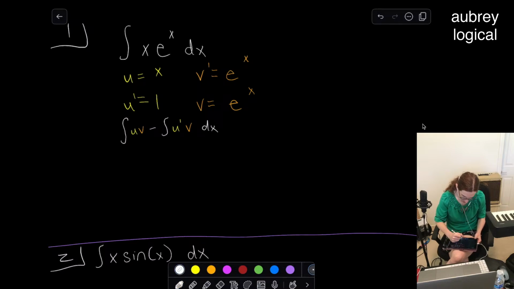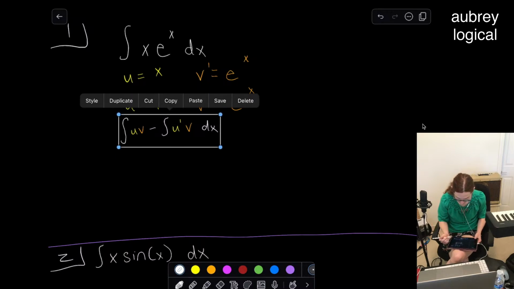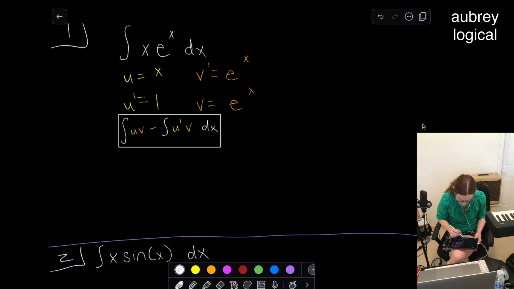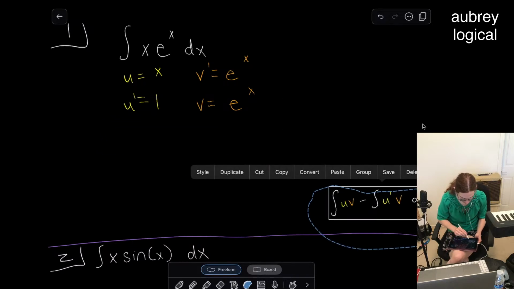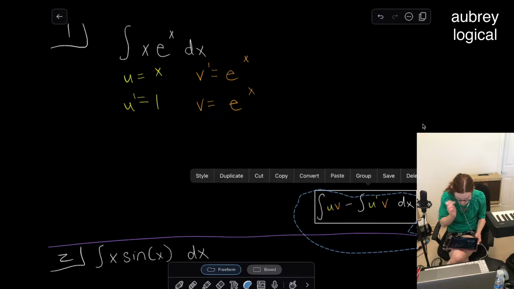So this is going to be our integration by parts formula. Okay, cool. So let's move this here, because then we'll be able to see it for the next problem too.